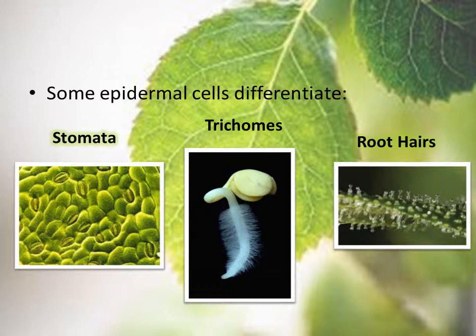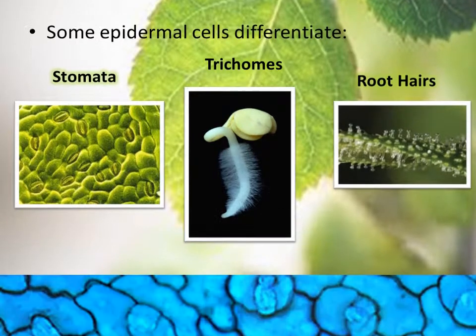The first is stomata, which are pores used for gas exchange. The second is trichomes, which are leaf hairs that protect from herbivores and damaging solar radiation. The third one is root hairs, which increase the surface area.